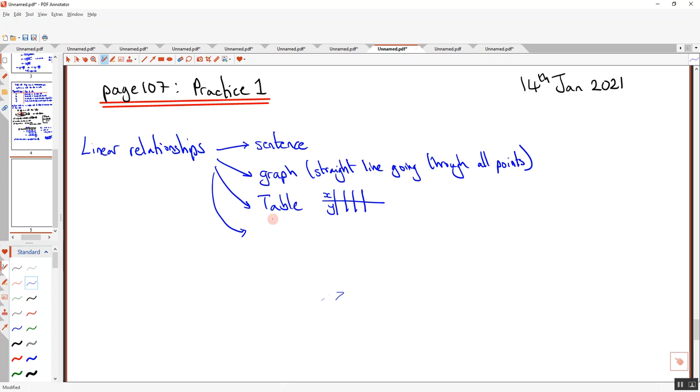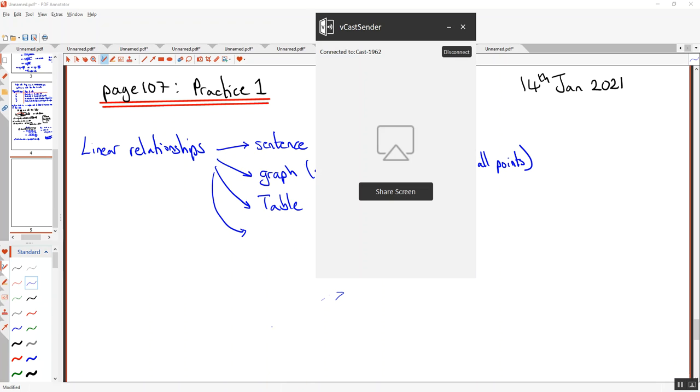If you don't know, you can look back in your notes. What's the final way you can represent it? Yes, Lisa. Yeah, we've got table. Sorry, you can't see the board, can you? It's my fault.